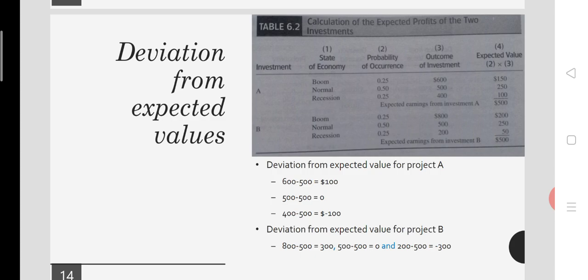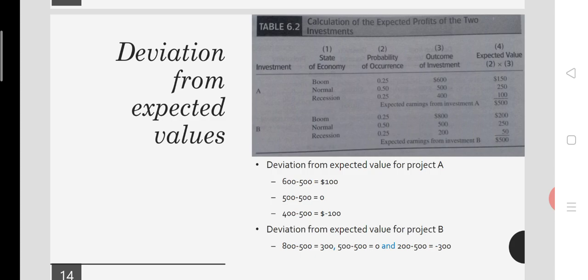You can see it in the table I have shown on the screen. So 500 minus 500 is 0, 800 minus 500 is 300, and for the third situation of economic recession in future, 200 is the outcome of investment for investment project B. Then 200 minus 500, as I said 500 is the expected value for both investment projects, is minus 300.